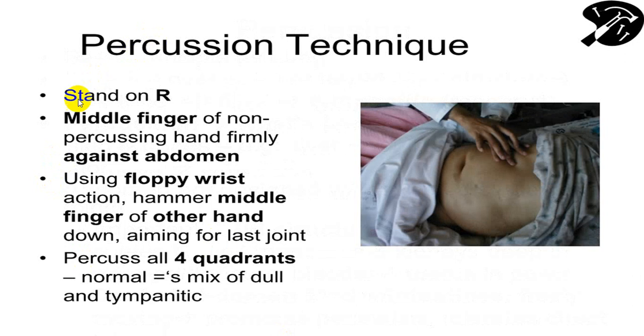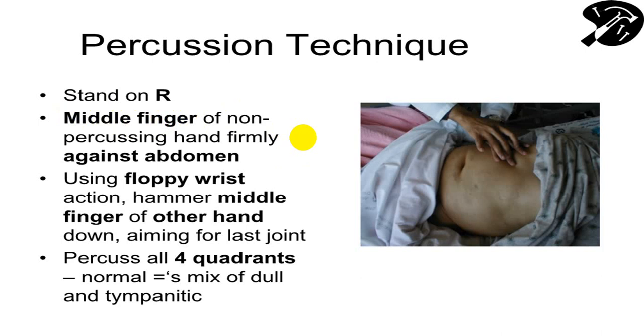While percussing, always stand on the right side of the patient, and as we have already mentioned, by and large the majority of people utilize the middle finger as the pleximeter finger, and also utilize the middle finger as the percussing finger, and movement is done at the wrist joint.